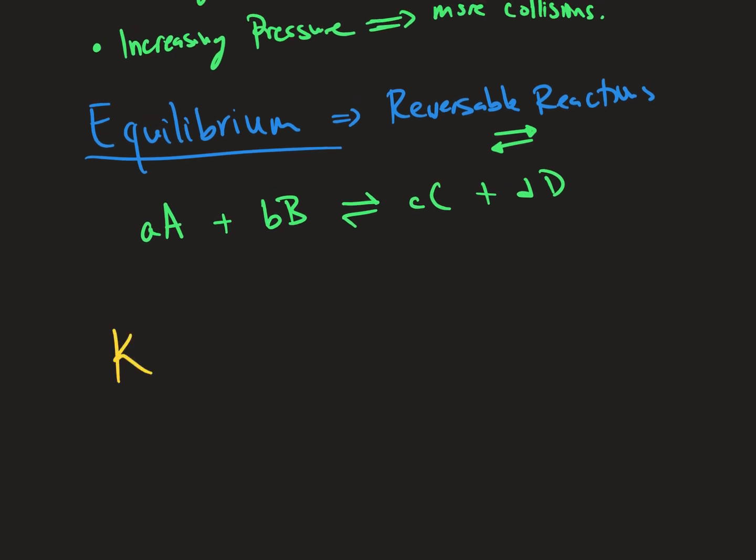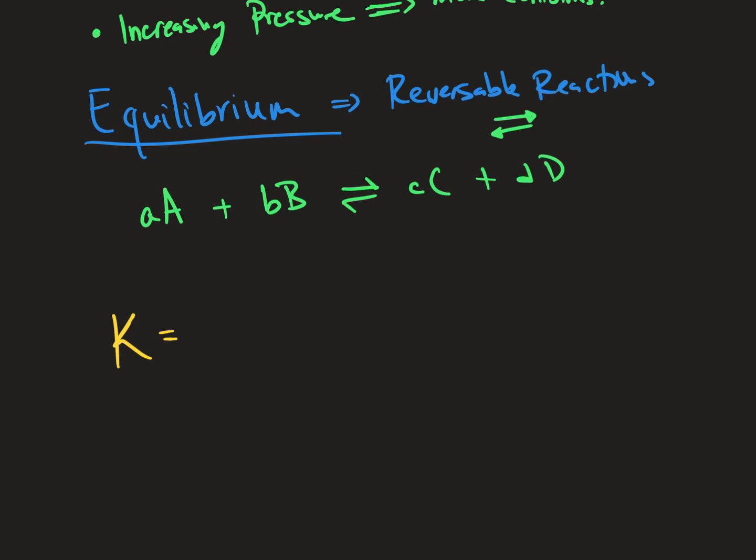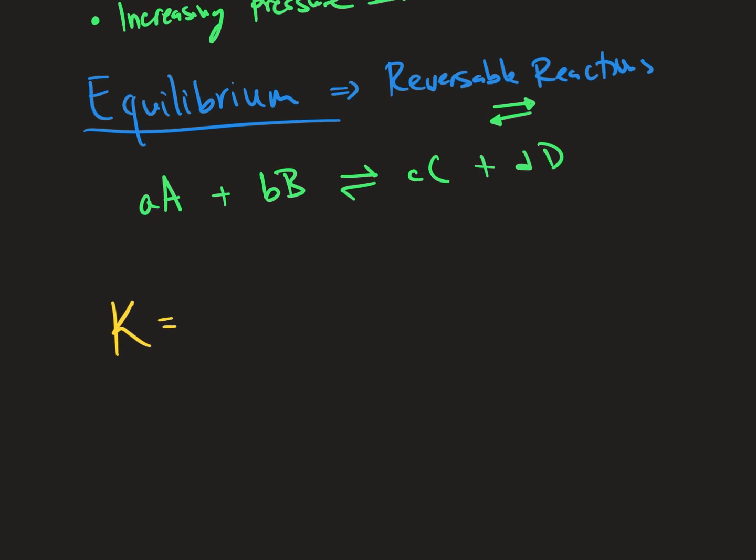Equilibrium constant K is equal to, and I'm going to write something here real quick. If I write a bracket with substance A in it, this refers to the concentration of substance A.